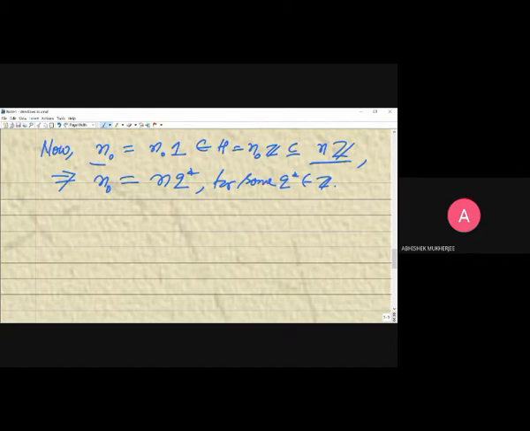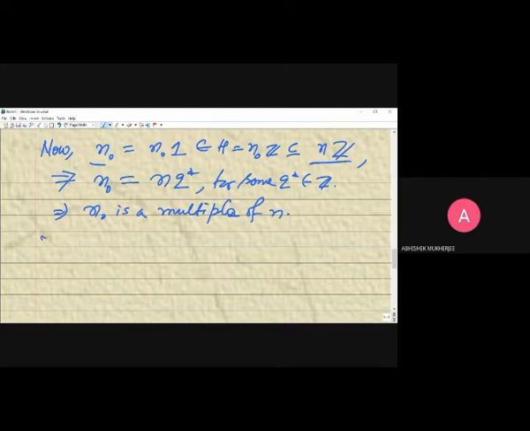So we have seen that n not is a multiple of n, right?